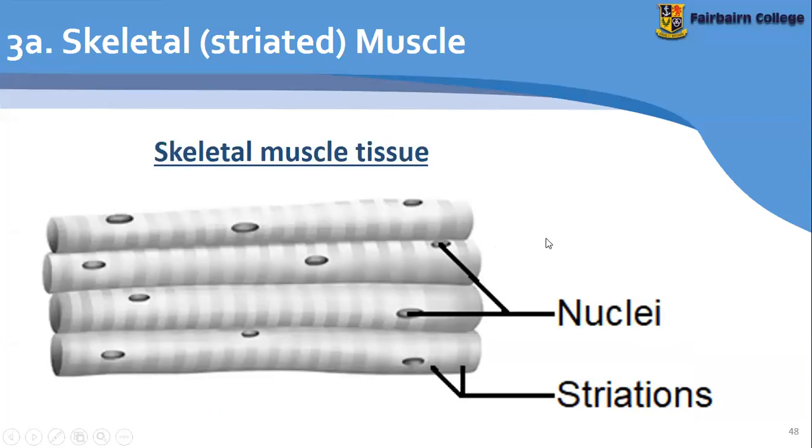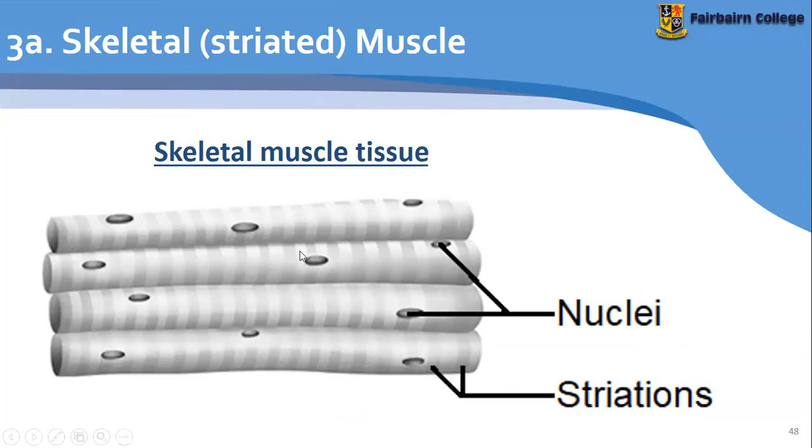Then what is important is the sketch for skeletal muscle or striated muscles. Here you have a couple of fibers, 4 fibers stacked on top of each other, just so that you get the idea of how they look together. The 2 important things here are the multiple nuclei per cell. Let's look at the top one. It has 1, 2, 3 nuclei just in this section of the cell.